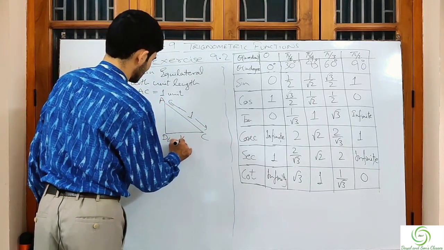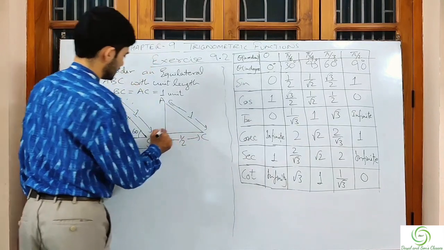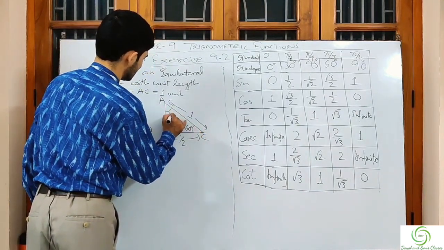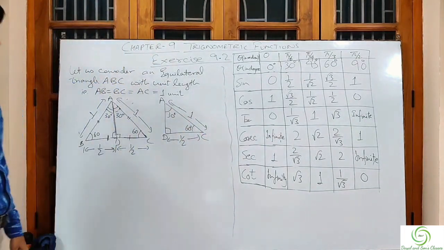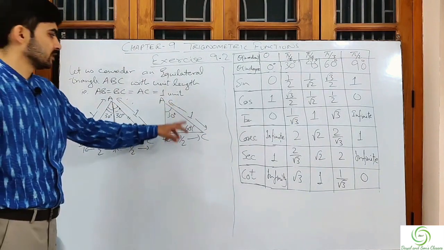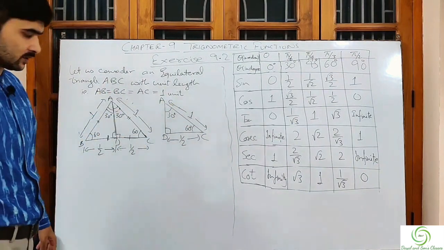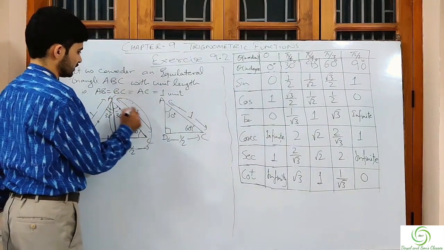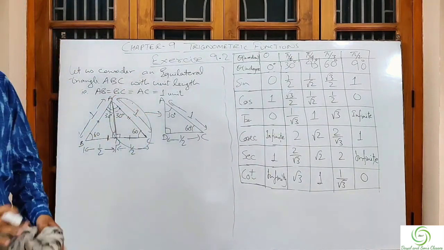This one was half. This is 90. This is 60 degrees and this is 30 degrees. Okay, I have drawn this part here clearly.